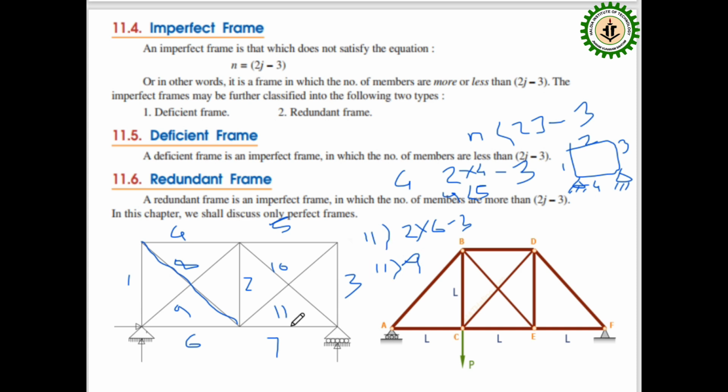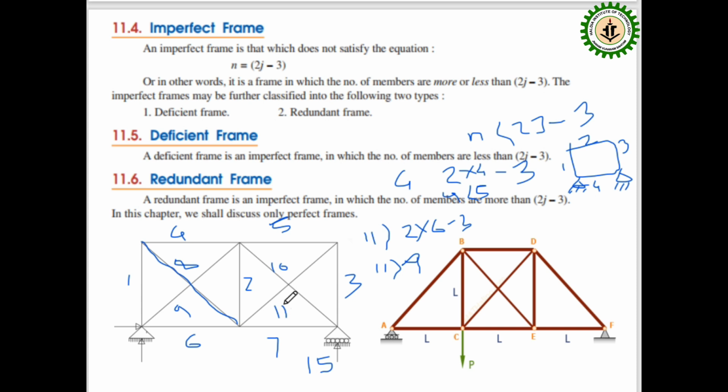Now we can go to this one. If we consider this one, in that case we have 4 extra members. Here we get 2 extra members, and here we get 2 extra members, so the number of members equals 15. Why 15?